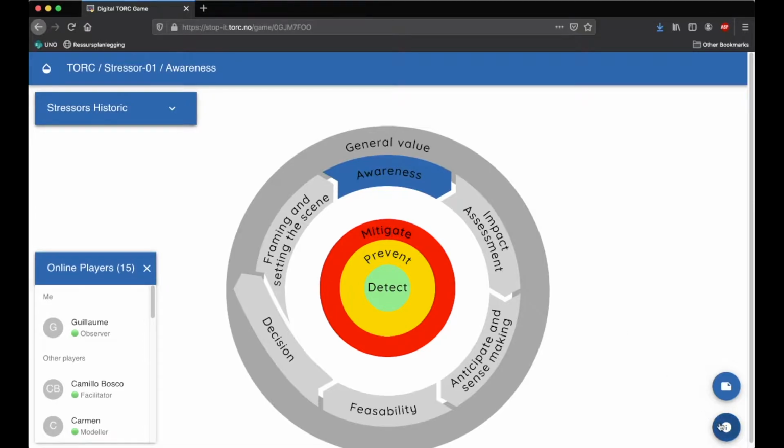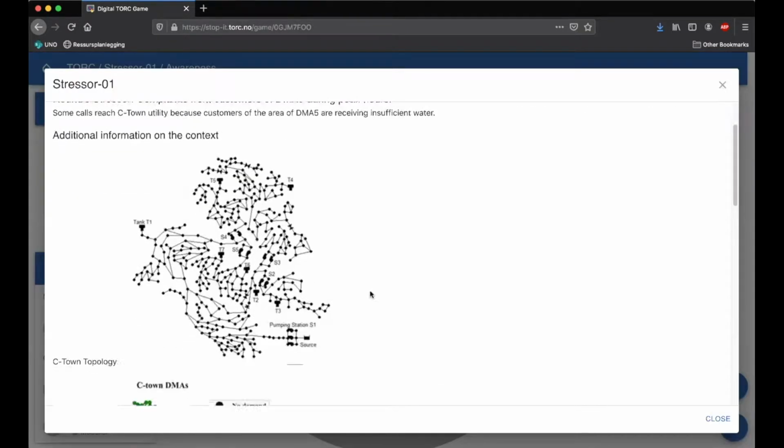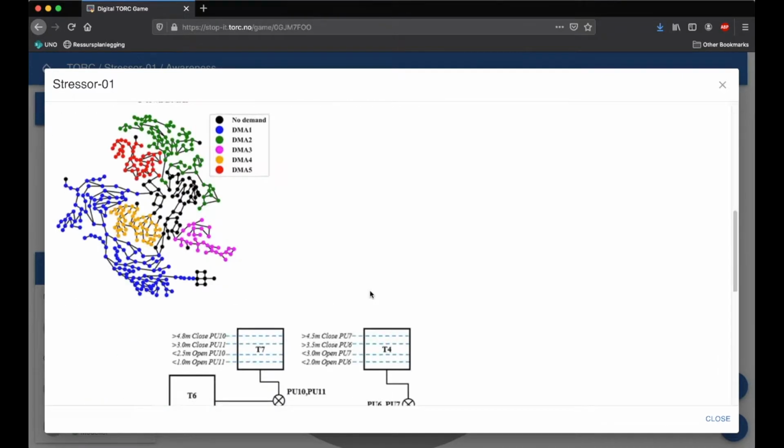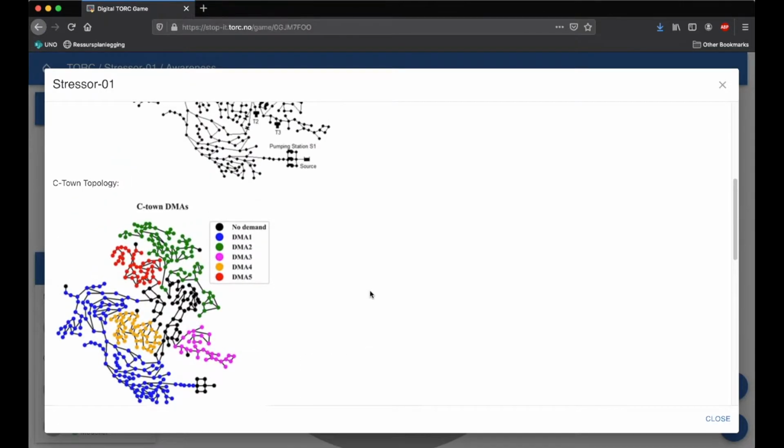That is the one with the stressor. You can look at the images. Any ideas? DMA5 is the one in red. We have some maps that can tell you which tank and actuator are involved.